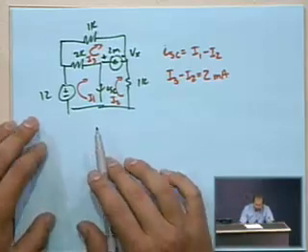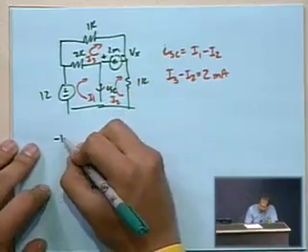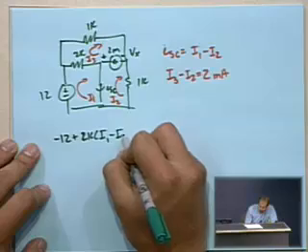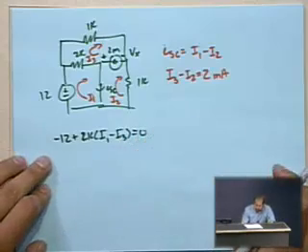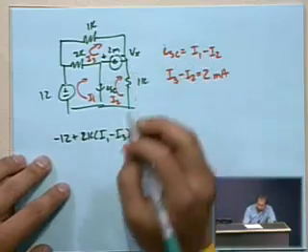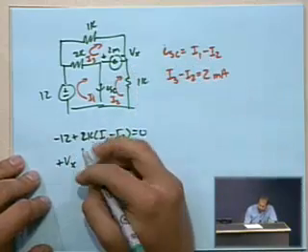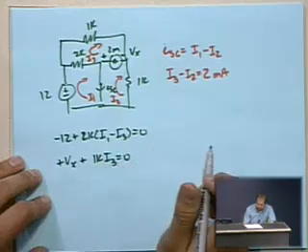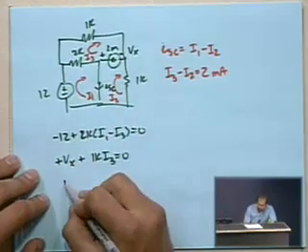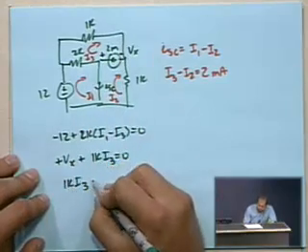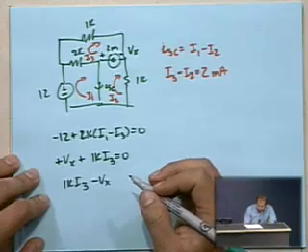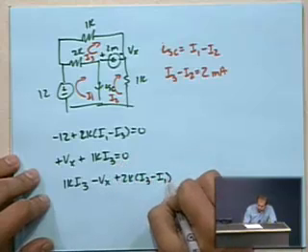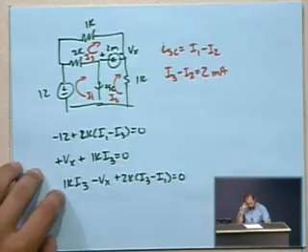So going around I1, we've got negative 12 plus 2k times (I1 minus I3) equals 0. Going around the second loop, we get positive Vx plus 1k I3 equals 0. And then going around the top loop, we get 1k I3 minus Vx plus 2k times (I3 minus I1) equals 0.